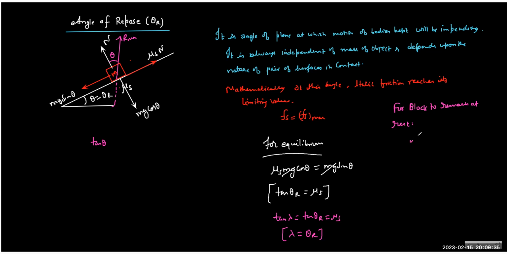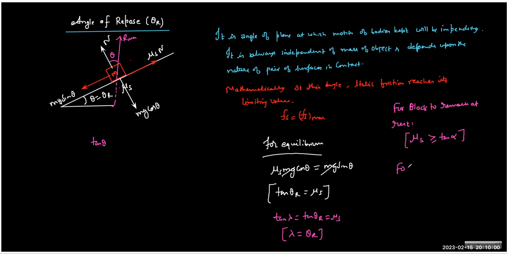And it's very interesting. If the coefficient of static friction is exceeding the tan of angle of inclination, it means if the friction dominates, it is like mu s is bigger means friction dominates. The block will remain at rest, it will never move. So it is not only more than, even it is equal.